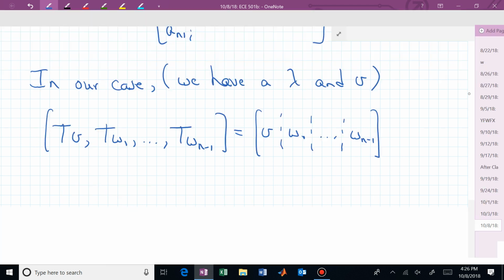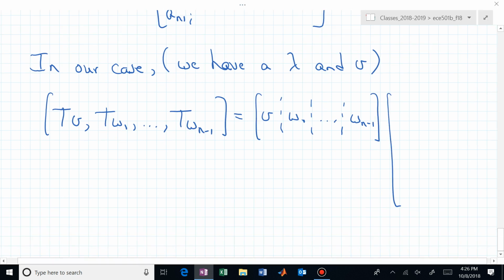And in general, this is how we get that A11, A21, A sub n1. It's just a linear combination of the V and the other basis vectors.